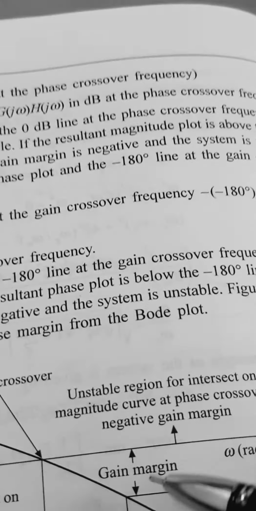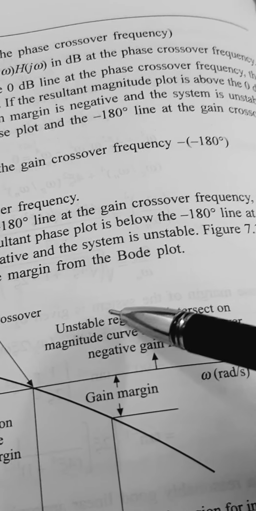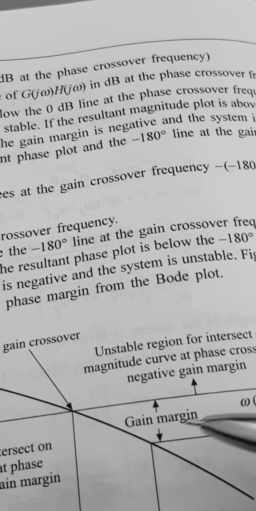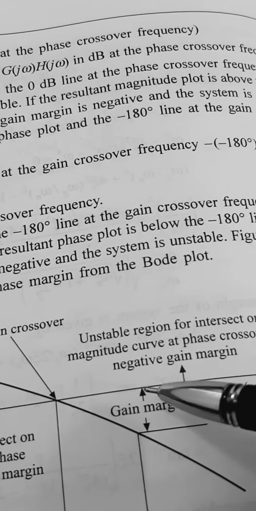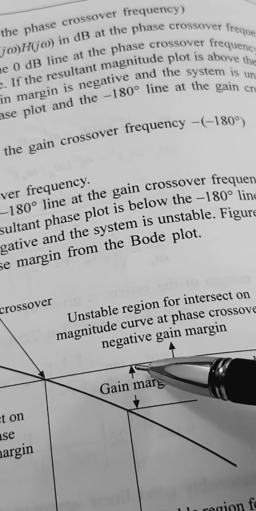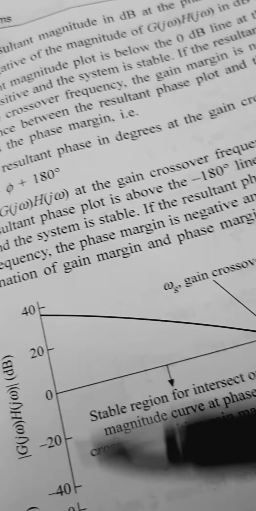So above this 0 dB line, the gain margin is negative; below the 0 dB line, it is positive. The magnitude is a negative value, and you take minus of that magnitude.